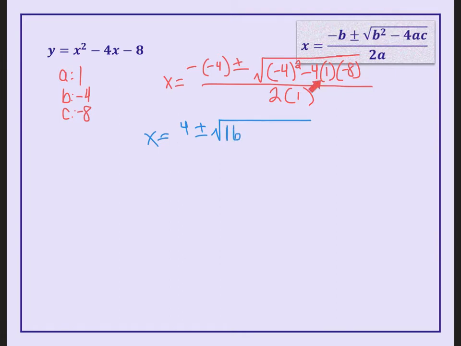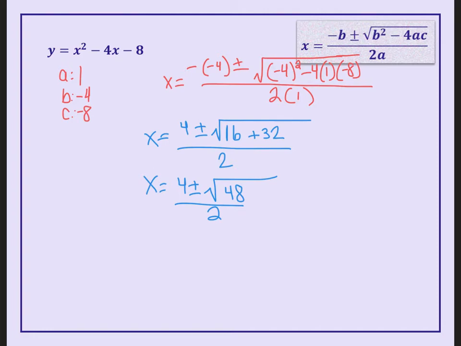And then I have -4 times 1 times -8, and this becomes a +32, all divided by 2. I'm going to work on my discriminant first, which is what's underneath the radical. So x equals 4 plus or minus the square root of 16 plus 32 is 48, divided by 2.